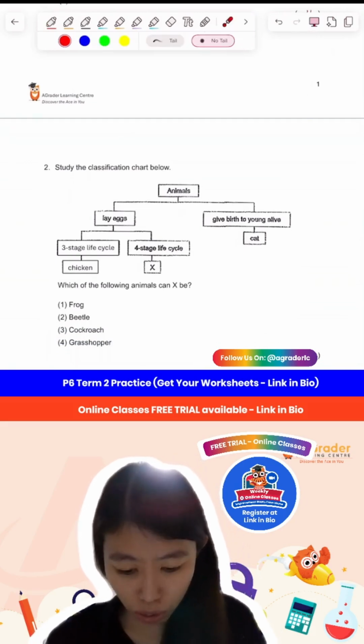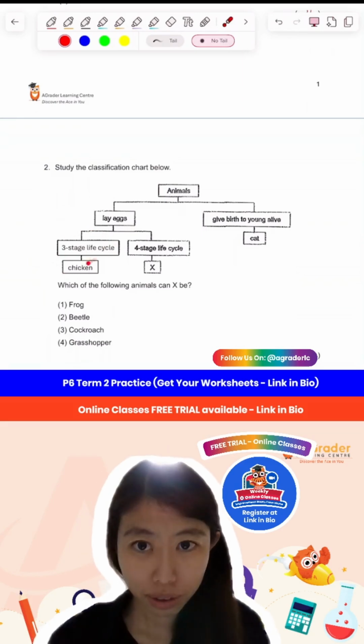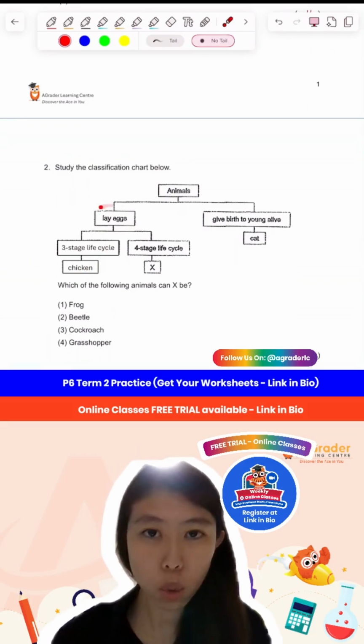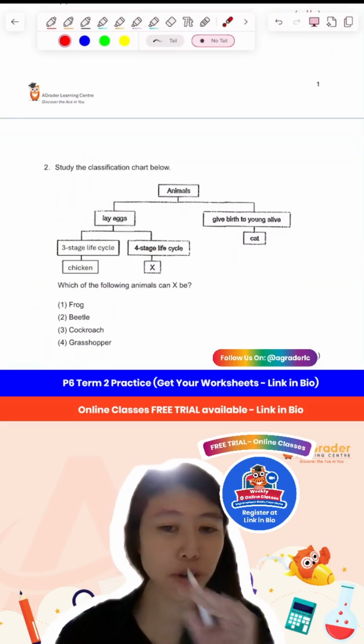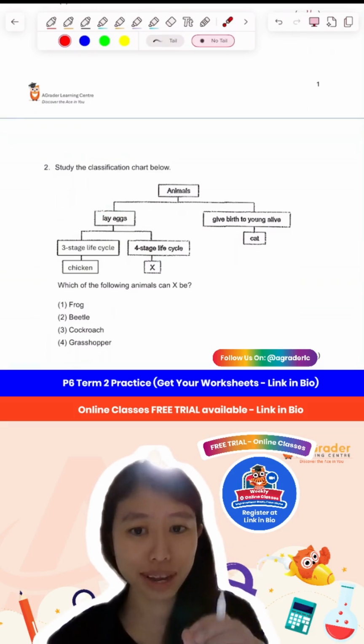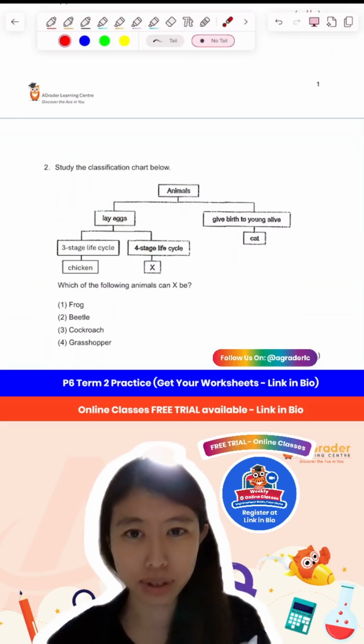You know that this one over here is a 3-stage life cycle and it's a chicken. I'm very sure you all know this. This one is a 4-stage life cycle and it lays eggs. So what animal has a 4-stage life cycle and lays eggs? The moment it is a 4-stage life cycle, it definitely belongs to which group of animals?